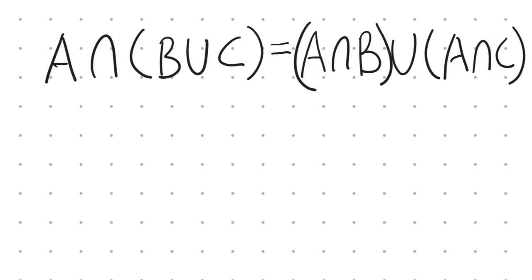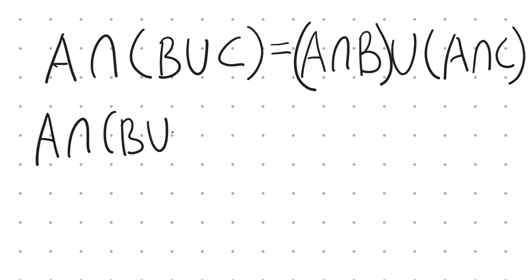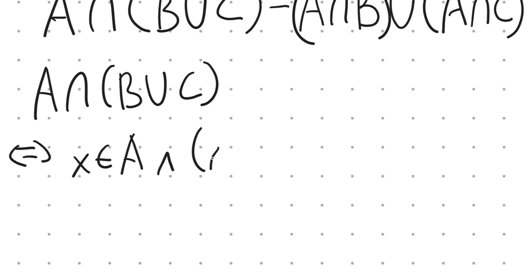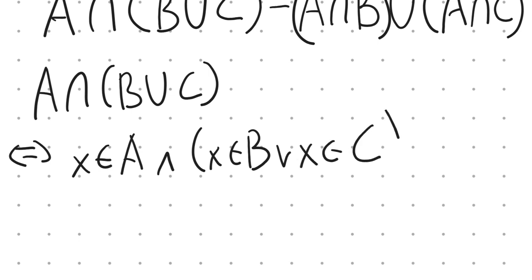It just tells us if we take the left-hand side, A intersecting B union with C, it's just equivalent to saying x is in A and x is in B or x is in C. Okay?